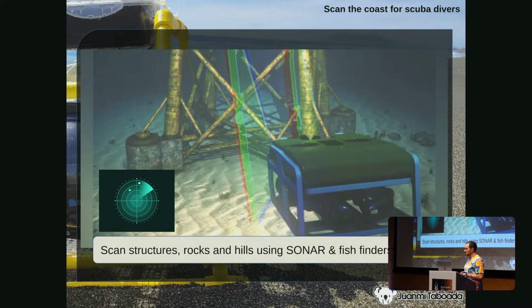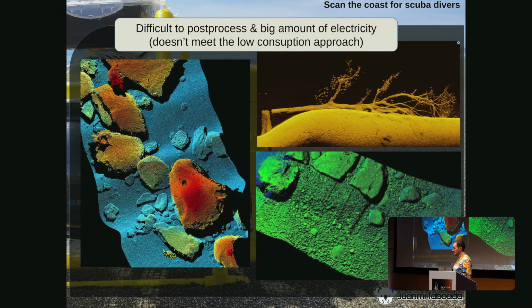So my first approach was to take something that could scan structures, rocks, and hills. I thought, okay, it can be a sonar, and then I saw that the sonar needs a lot of energy, and decided to go with fish finders. Fish finders are quite a good solution, but it gave me results like this.